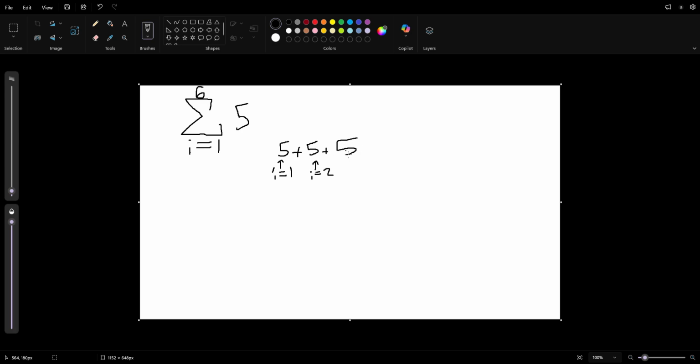This is when I equals 3, this is when I equals 4, this is when I equals 5, and lastly, this is when I equals 6. It's going to be 5, 10, 15, 20, 25, 30, which is just 5 times 6, which is 30.